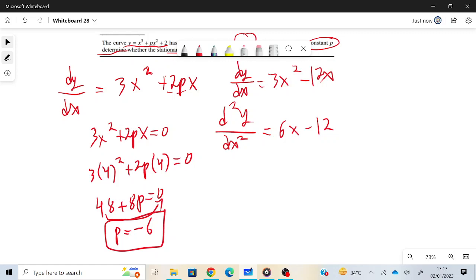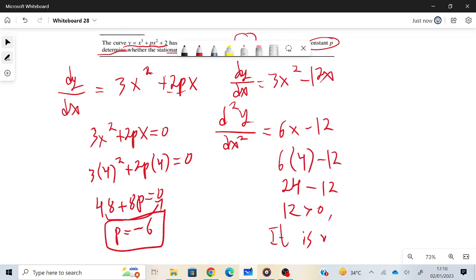Substituting the value 4 into d squared y over dx squared, this would be 6 into 4 minus 12, that's 24 minus 12, which is 12, and this is greater than 0, and hence it is a minimum point. When x is 4, it is a minimum point.